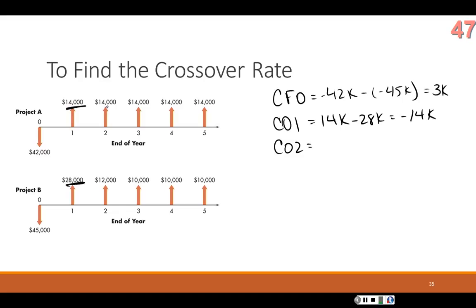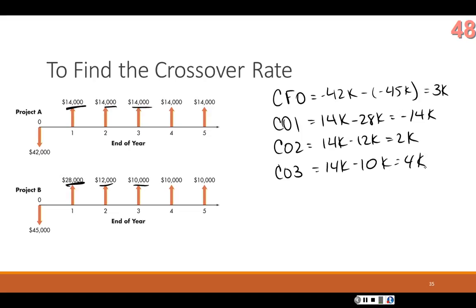Cash flow at time period 2, it's going to be the 14 minus 12 to give you 2,000. Cash flow at time period 3 is 14 minus 10 to give you 4,000. Now these cash flows remain constant at this point, so we can just do a frequency of the third cash flow of 3.